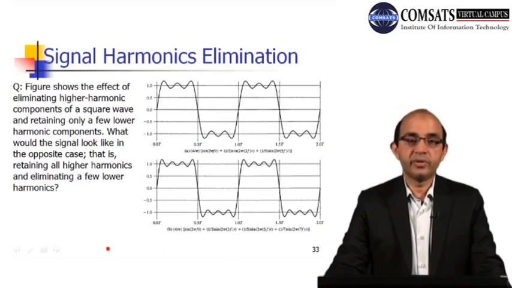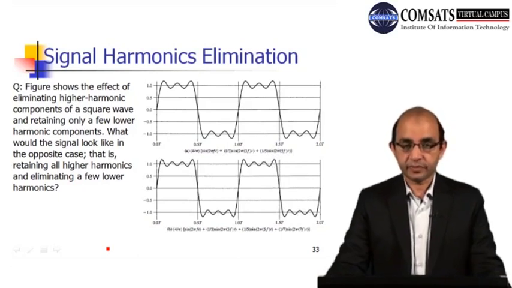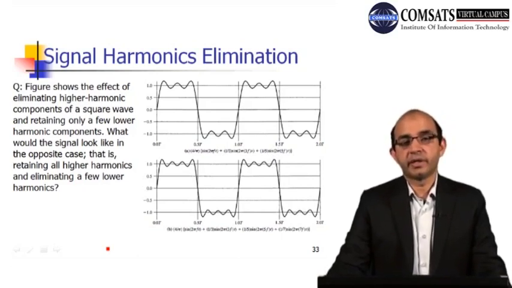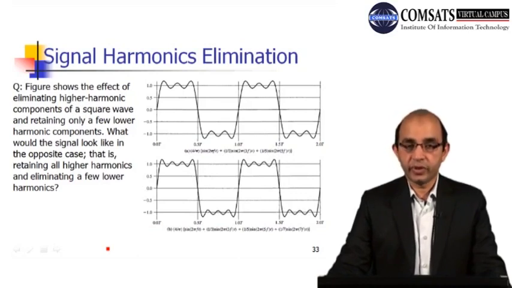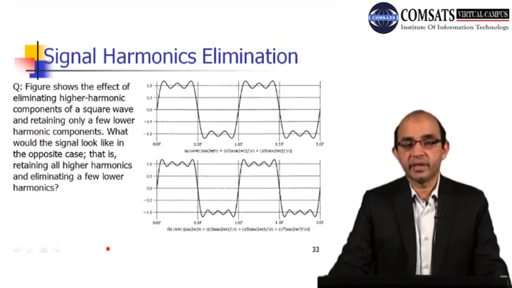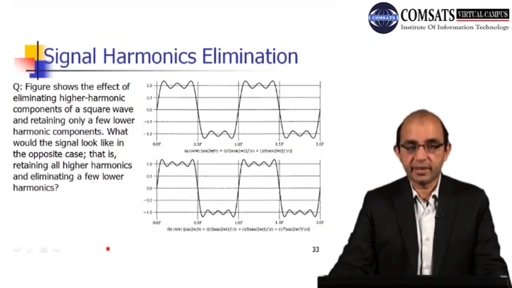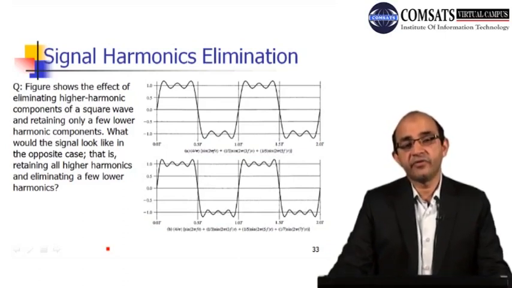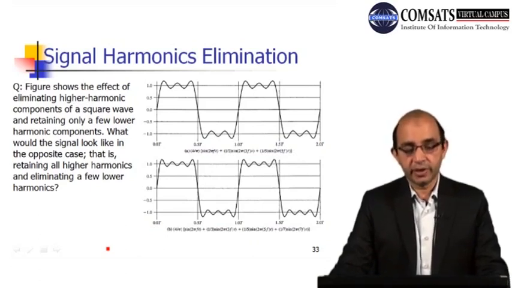Normally when we decompose a signal into its harmonic components, we take the first few harmonics, and the reason for ignoring the rest is that most of the energy contained within the signal, represented by different frequency components, is contained in the first few harmonics, and that's why we can ignore the higher order harmonics, right?